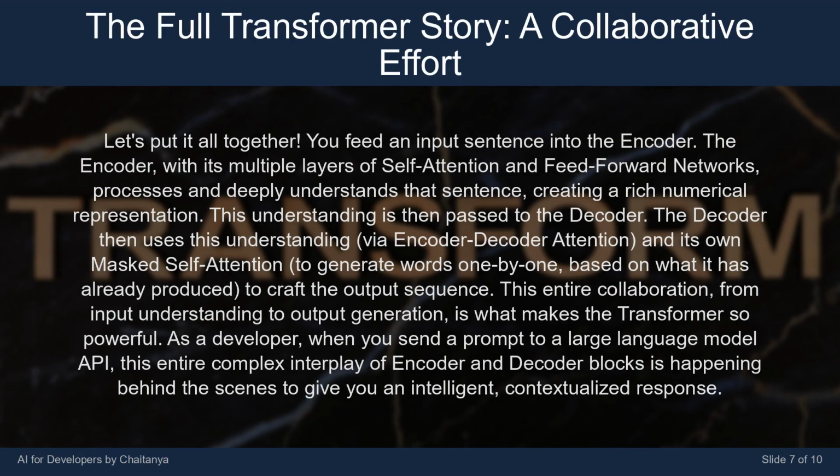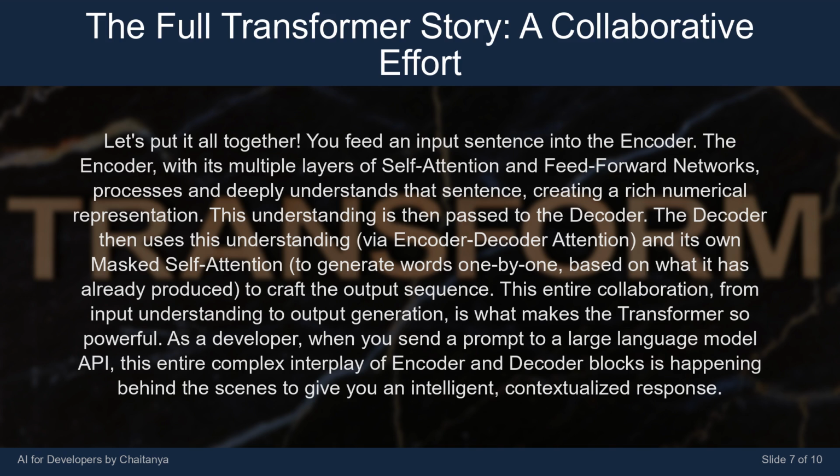Let's put it all together. You feed an input sentence into the encoder. The encoder, with its multiple layers of self-attention and feed-forward networks, processes and deeply understands that sentence, creating a rich numerical representation. This understanding is then passed to the decoder.